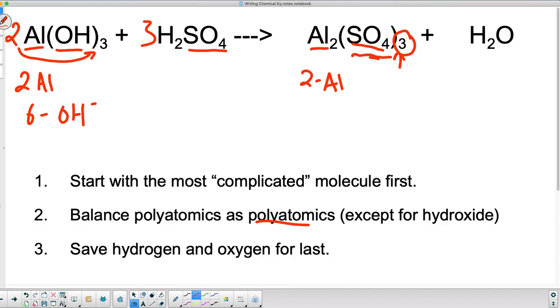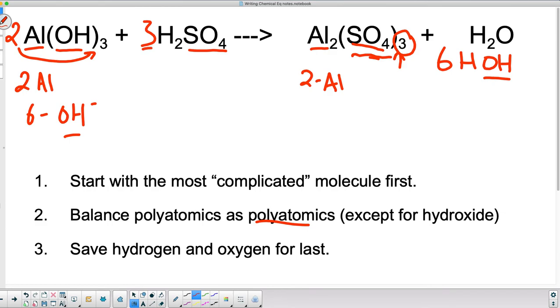Okay, now sometimes we can write HOH for water, and I do that sometimes to show that water actually is 1 hydrogen atom and an OH as the negative part. And because I have 6 OHs over here, I jump to the other side and put a 6 in front here to give me 6 OHs.